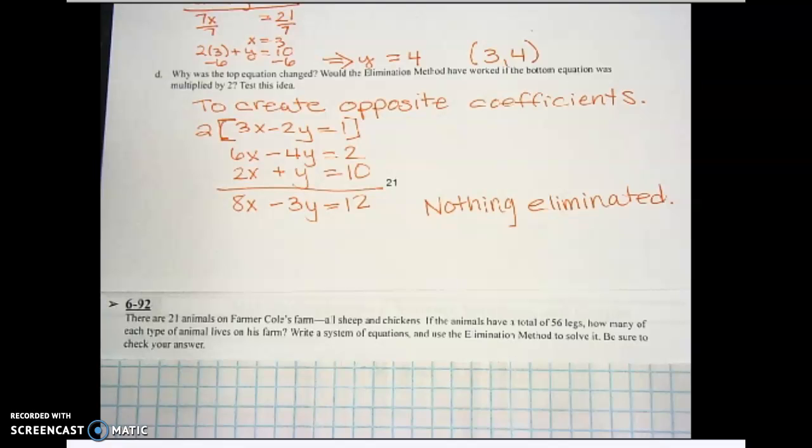Most of you probably haven't eaten sheep, but people do. Lamb, I've had lamb. Okay, how many legs do sheep have? 4 legs, right? Okay, so let's say 56 legs total, that's going to be one of our equations.